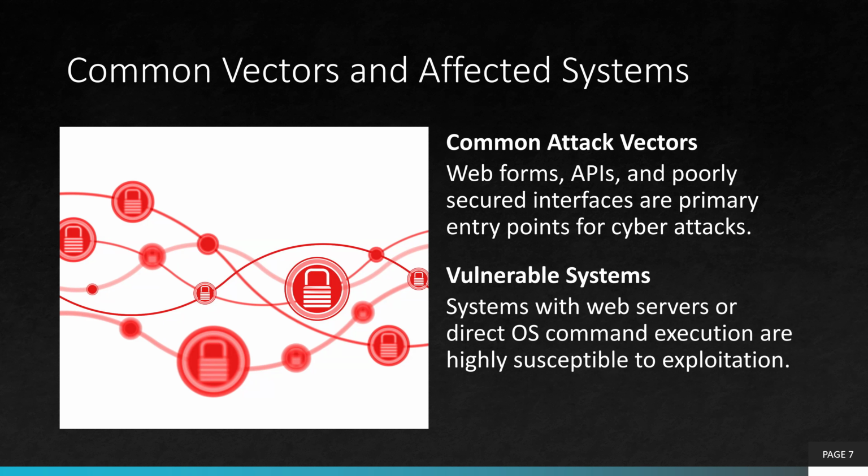Vulnerable systems with web servers, or directly executing commands, are highly susceptible to exploitation. Although this is true, the problem is there whether it's a web server, API calls, some Python program, Perl program, CGI program, Java code, or networking scripts that you're running.